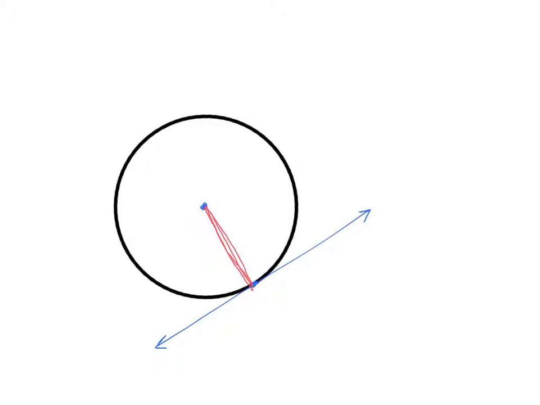The radius and the tangent at that point are always perpendicular to each other. It doesn't matter if the tangent line is up here and the radius is here, it's always going to be true, as long as the point of tangency is on the circle.